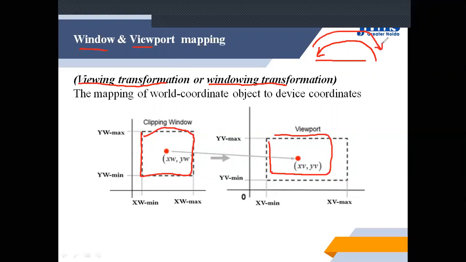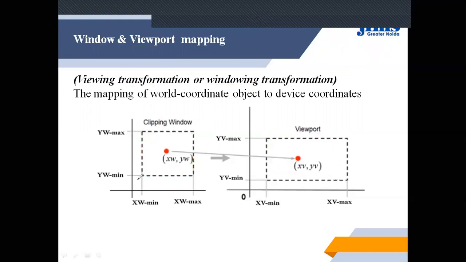First question can be that we have to port an image from window to viewport, or in the second we have to port an image from viewport to window. This is also called viewing transformation as well as windowing transformation.